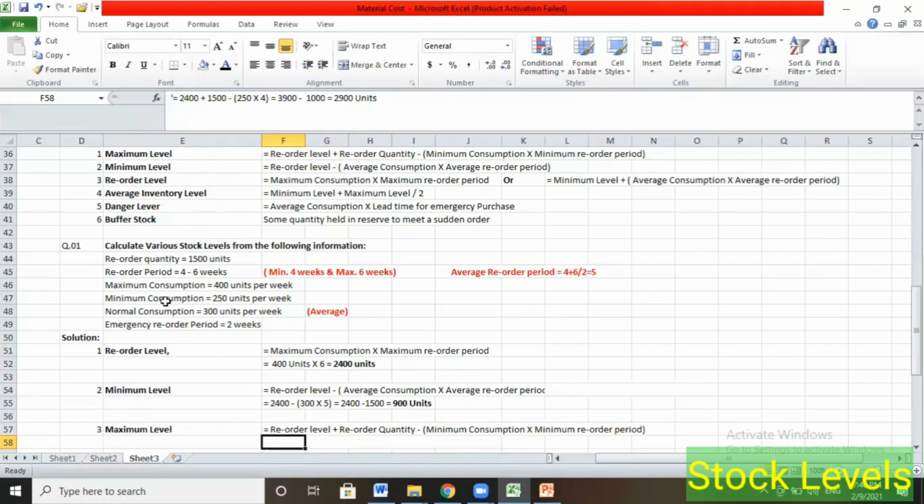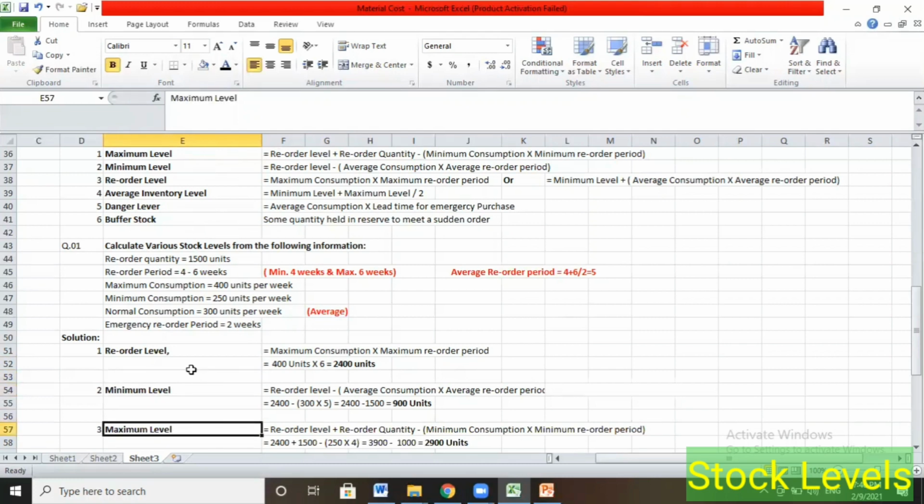Minimum consumption is 250 and minimum reorder period is 4. So this will be your calculation: 2400 plus 1500 minus 250 into 4. So ultimately 2900 is your maximum level.